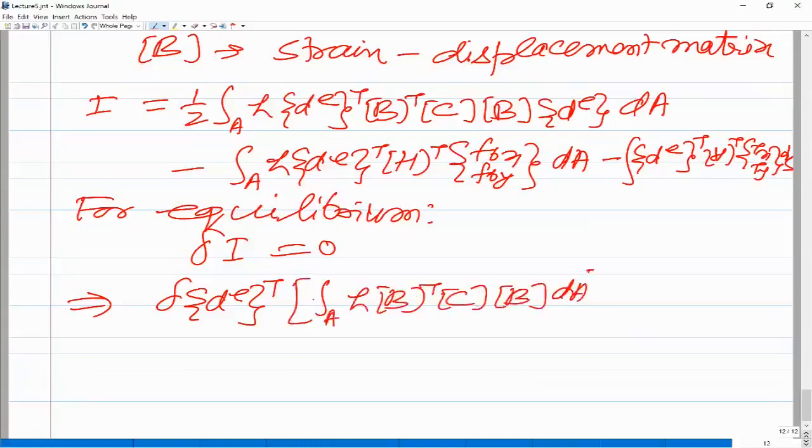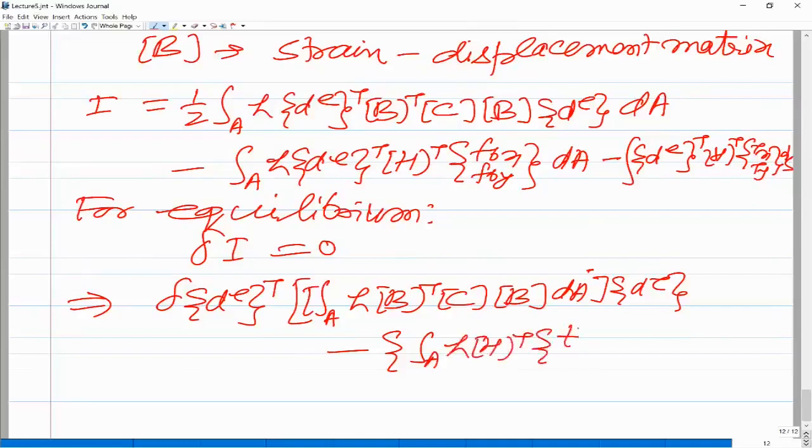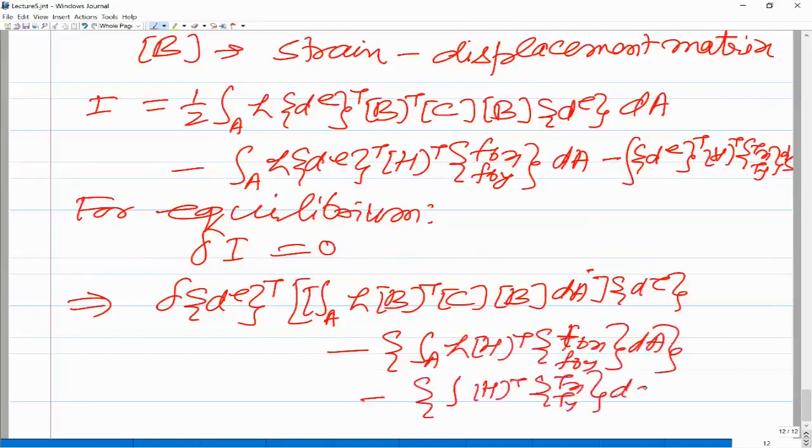So this will be into D minus, I am taking delta D transpose common throughout. So we will have minus this integration over area H transpose into FBX FBY dA, minus integration over boundary H transpose TX TY dS.